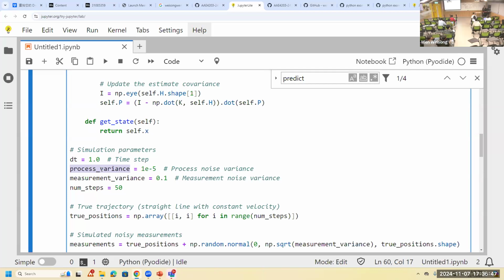Chen Jun, feel free to try if you didn't bring your laptop. When you tune the process noise, you're going to see different results. Go ahead, take a try.